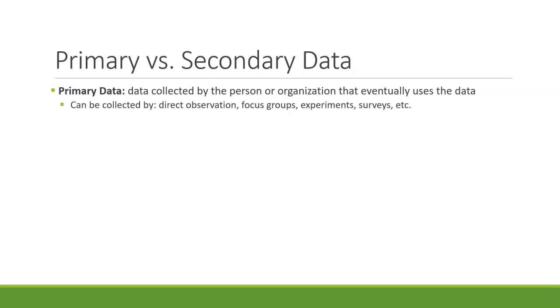Now, this can be collected by direct observation, focus groups, experiments, surveys, tons of different ways, right? But what's important here for primary is that it's collected by the same person or organization that eventually uses that data.